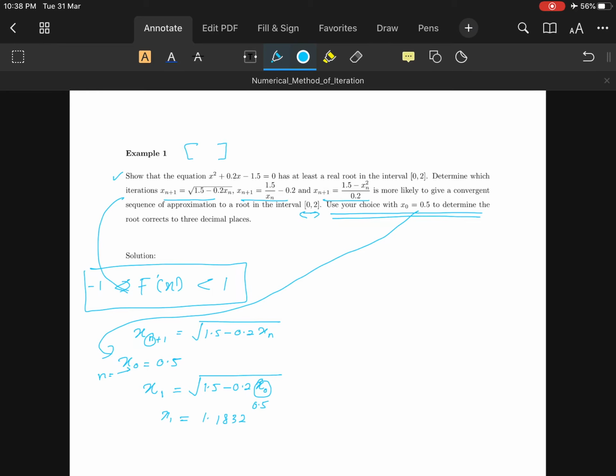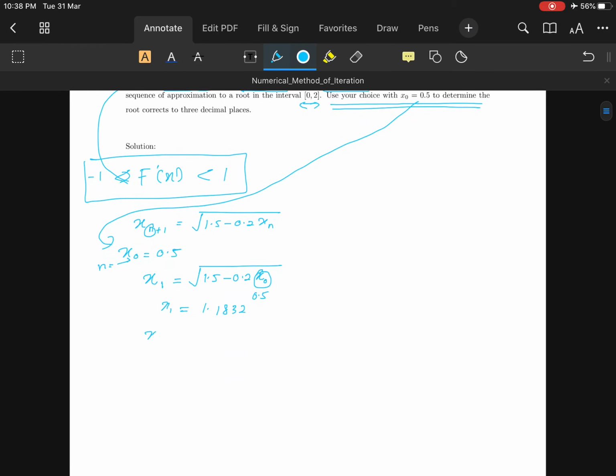So let's continue with x2. You substitute this value x1 here. Because we are looking at three decimal places, I'm keeping it at 4 first in the working. Calculate this one for a while.